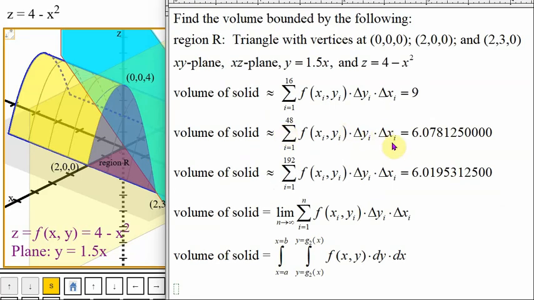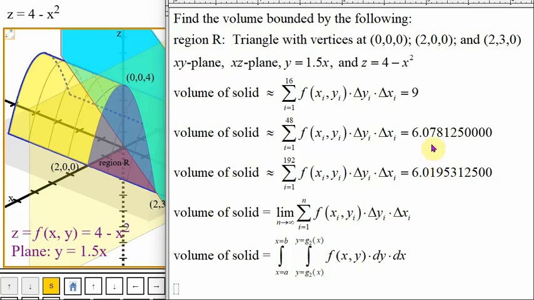Recall that when we divided this region right here into 48 rectangles and then found the volumes of the corresponding rectangular prisms, we got 6.078. And then when I filled this region R right here with 192 rectangles, then the sum of the volumes of the prisms was 6.01.